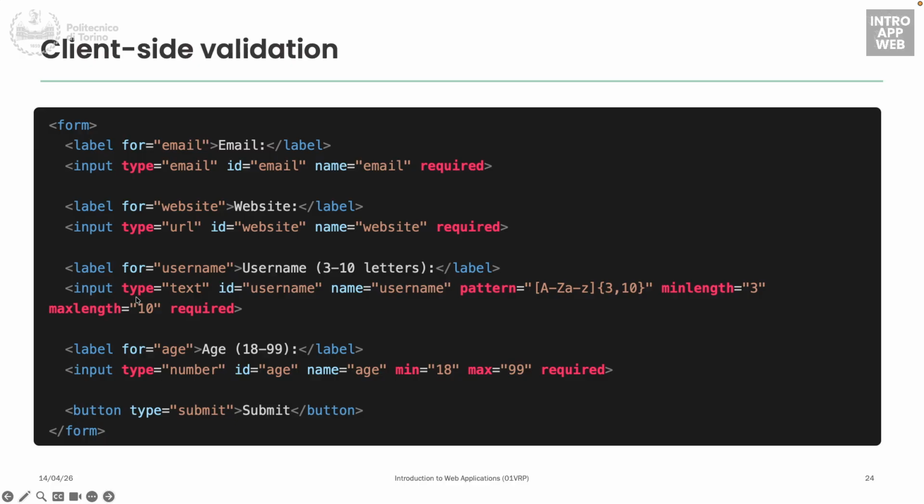In the third one, we are doing more validations. We are making sure that this is text, made of alphabetical characters, with a length within 3 to 10. So the username must be from 3 to 10 characters long.